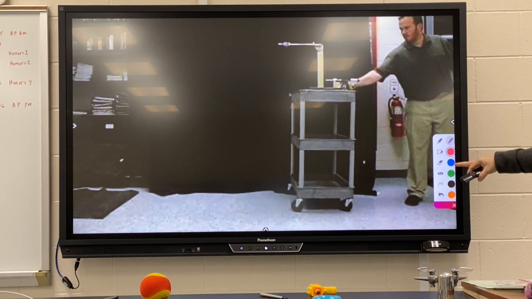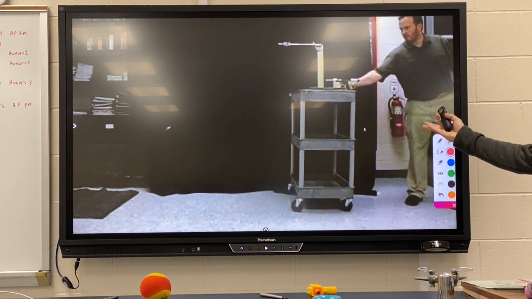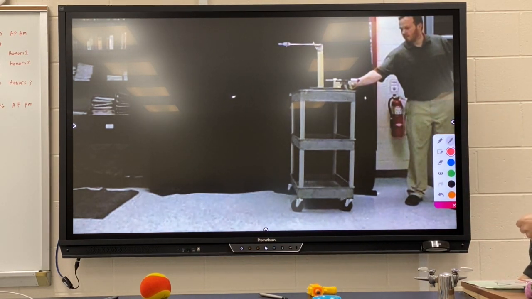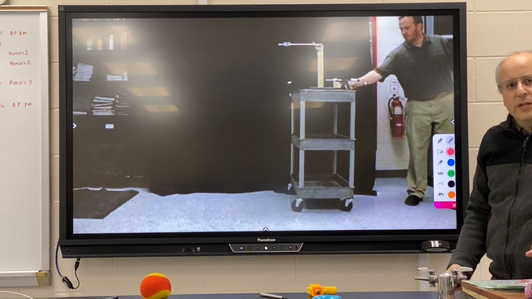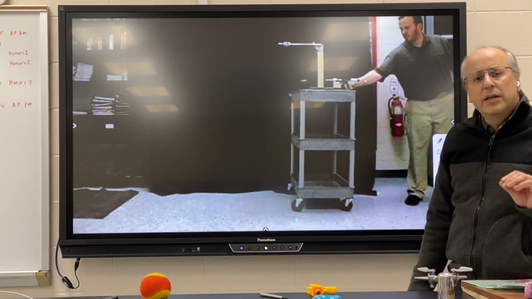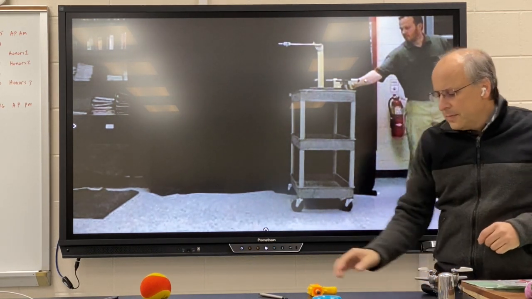Both balls stay the same height above the ground as they travel. I'm going to rewind it, and you can see them always at the same height above the ground. The horizontal motion does not affect the rate at which it falls. They are two separate motions.